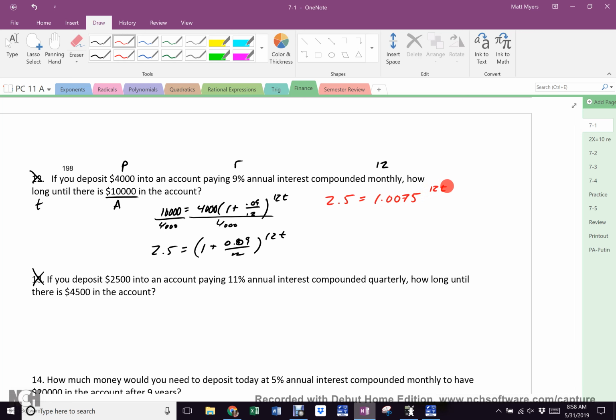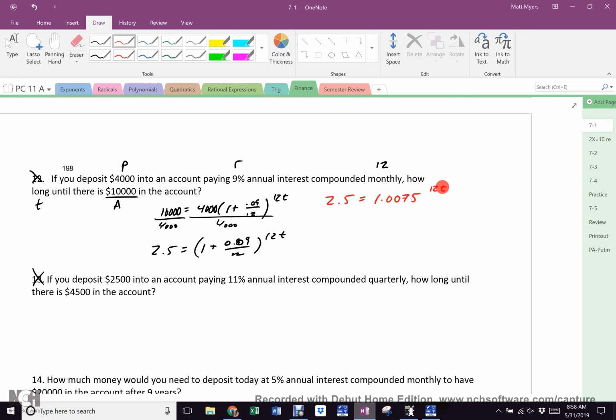Now, everybody should be able to get to there, including the hand uppers. Everybody is? Okay, now, because I have an unknown in the exponent, I must do logs. Now, we all know that exponents are just a repeated multiplication, yes? We know that, right? So, how do we get rid of multiplication?